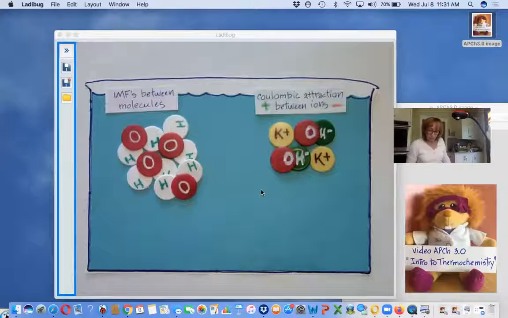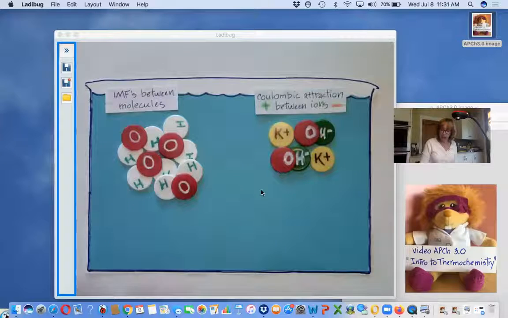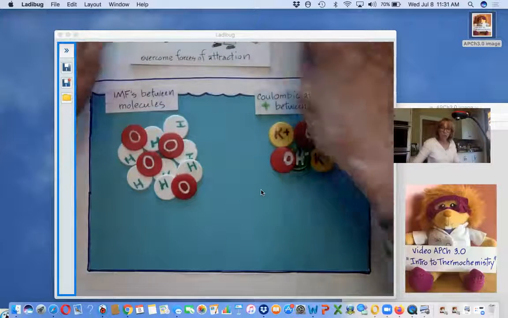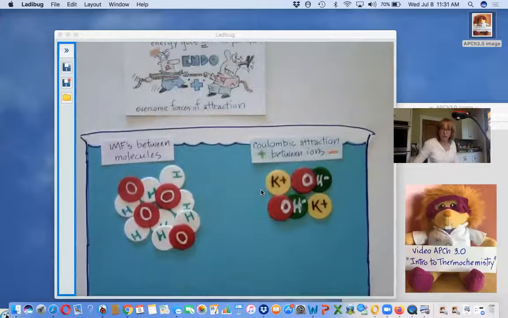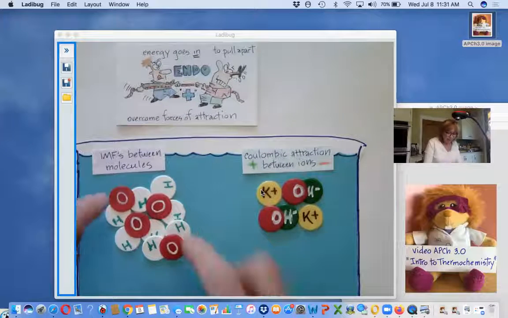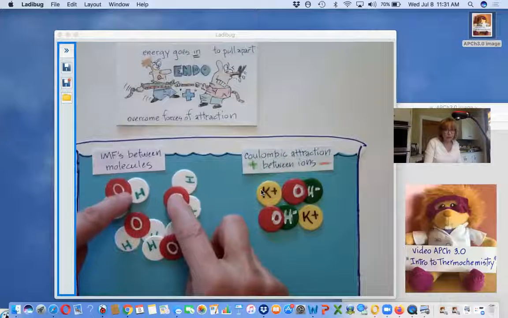Okay, in this dissolving of potassium hydroxide by water, there's really three energy pieces going on. So let's first of all talk about the endothermic steps. One of the first things that has to happen for dissolving to happen is these water molecules have to pull away from each other a little bit.